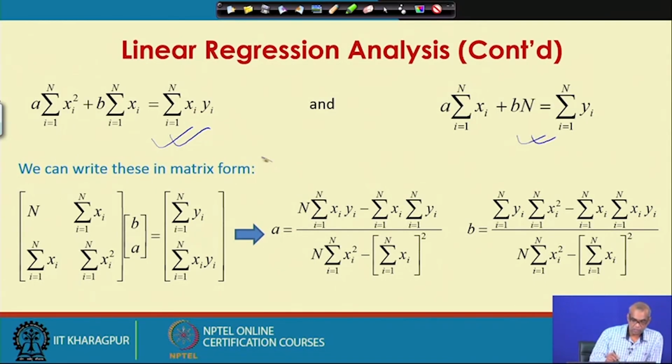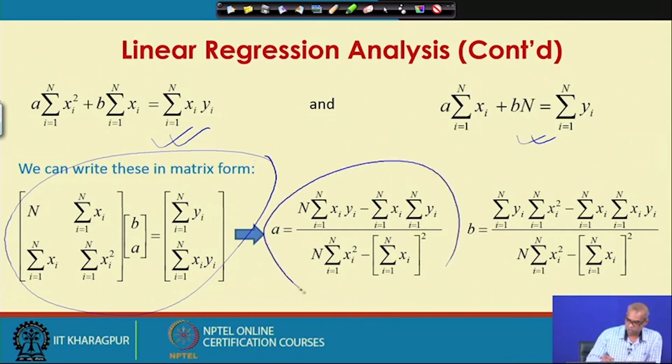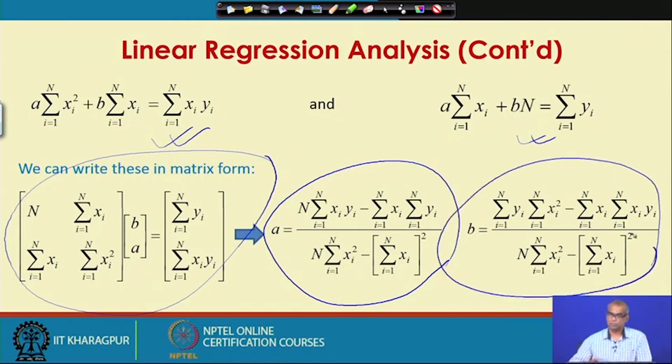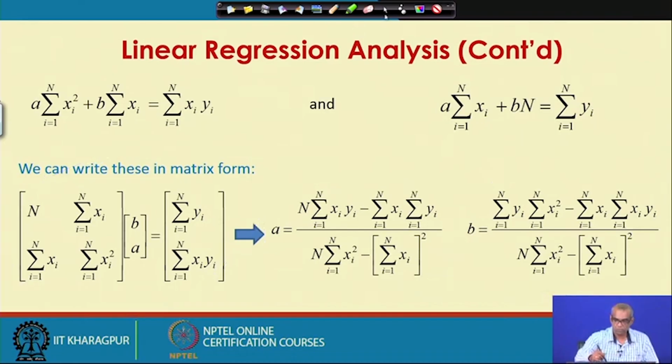We can write this in this matrix form. The solution becomes A equal to this and B equal to this. So, the values of parameters A and B can be obtained from these two expressions. So, this is about linear regression.